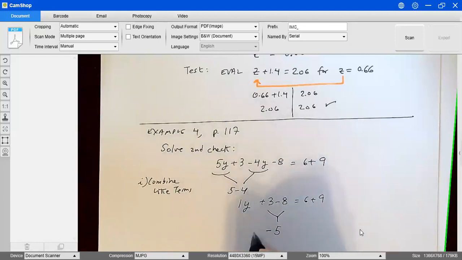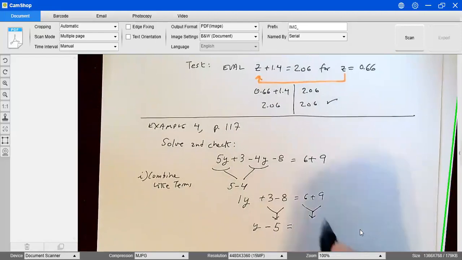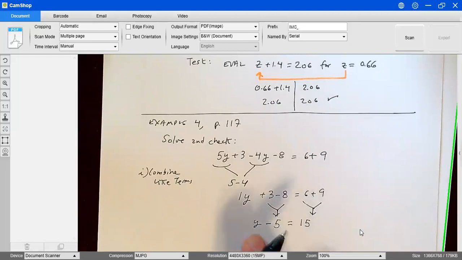And 1y is just y. You don't need to write the number 1. If you want, you can do it. It's fine. There is no problem by doing that. Also, 6 plus 9 is just 15. So now we have this equation.